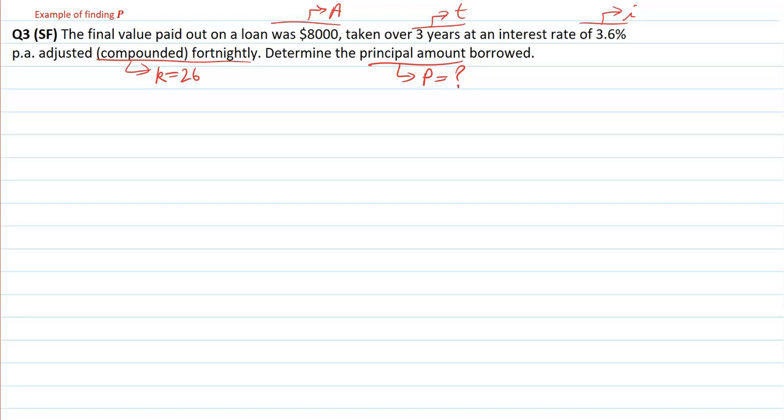I'd simply substitute in all our known values and then using our solving equation skills, eventually get to our P value by using that reverse BIMDAS process. As always, good practice, write down your facts and then substitute everything into the formula.